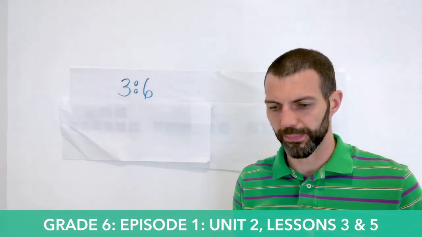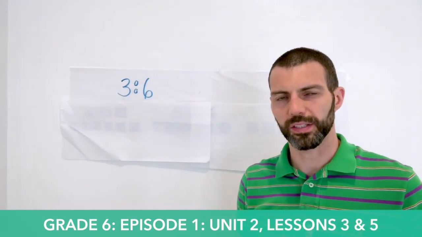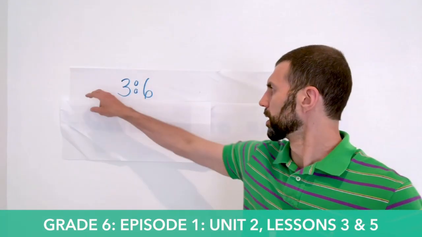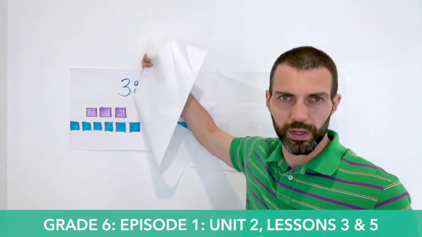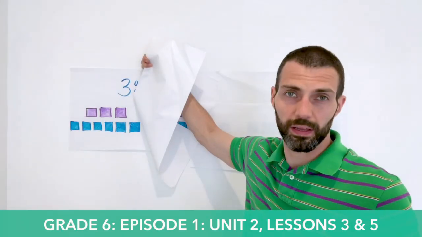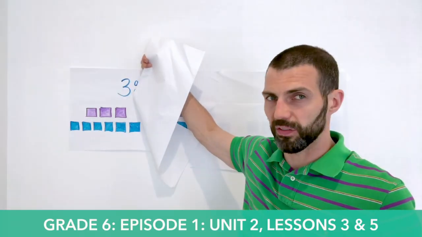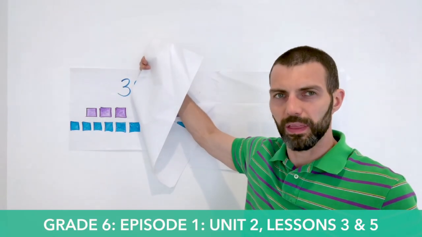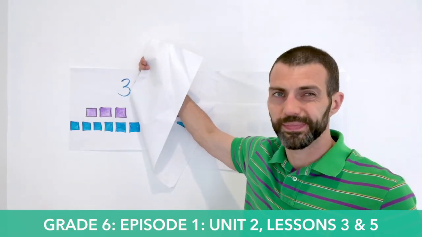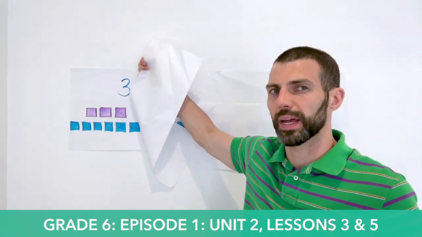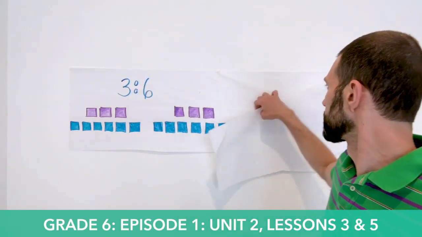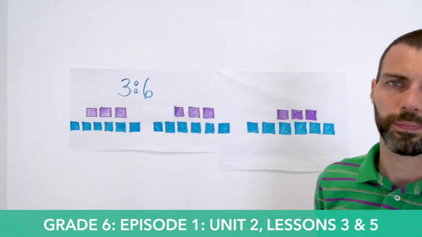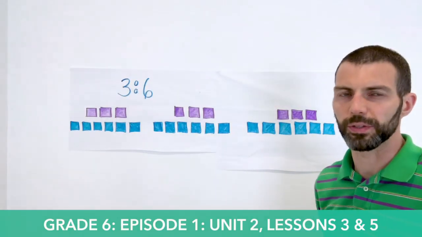Let's come back together. So I started by drawing my first diagram, which was 3 to 6, representing the original ratio of pasta to tuna. And then I took that batch and I tripled it. I multiplied it by 3. This is what my new diagram looked like.